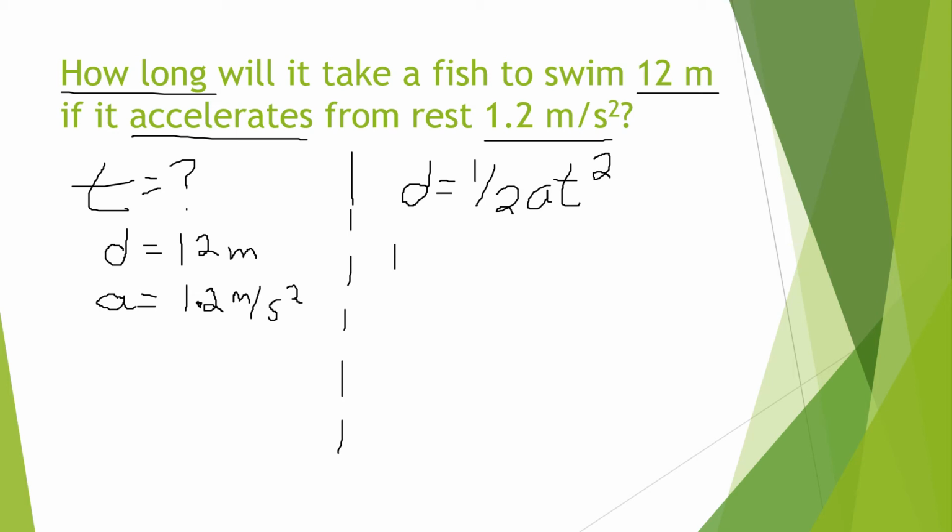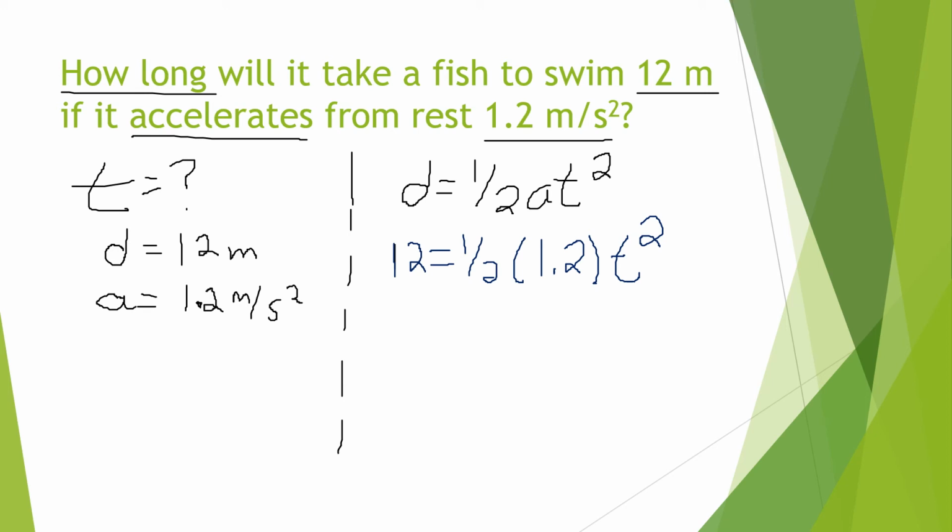So what we're going to do is plug in to this equation. The distance is 12, 1/2, 1.2, t squared. Oh, okay. I don't know what to do from here.